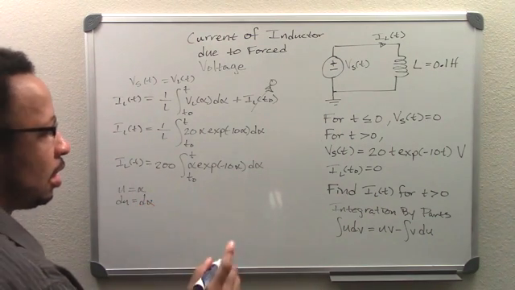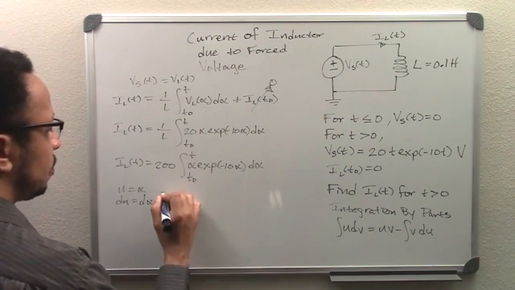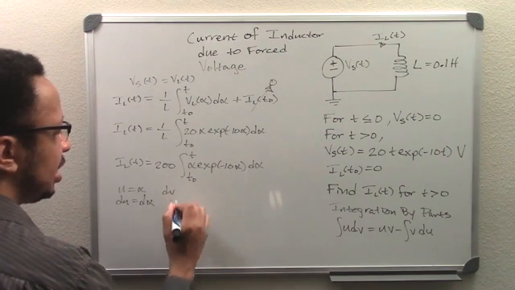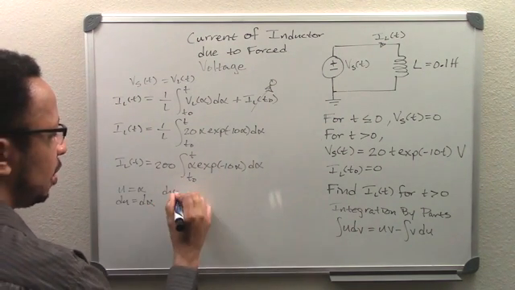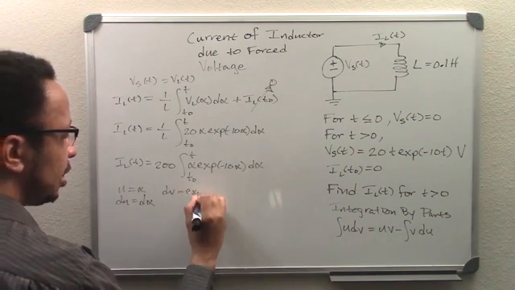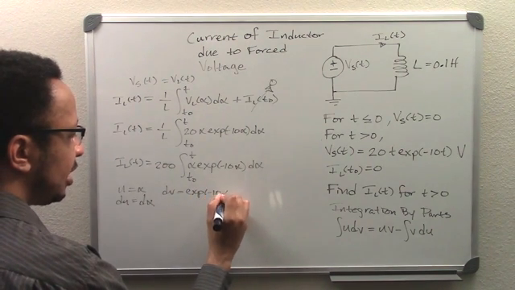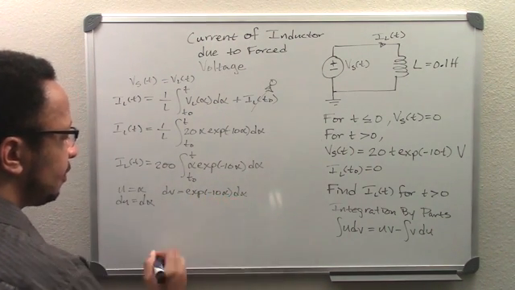Next, dv equals the rest, exponential negative 10 alpha d alpha.